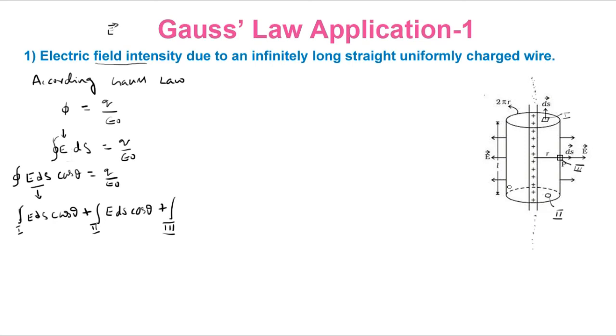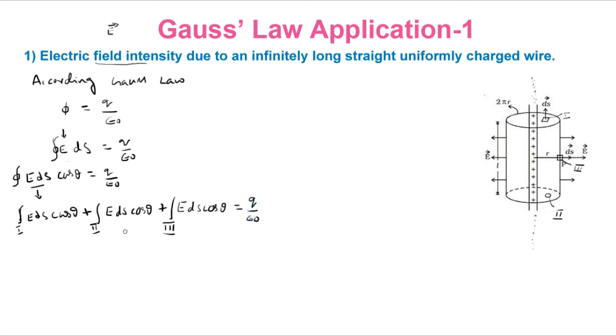The first part is outward flux, second part flux and third part flux, that is also E into ds cos theta, which is equal to the same thing, Q by epsilon naught.